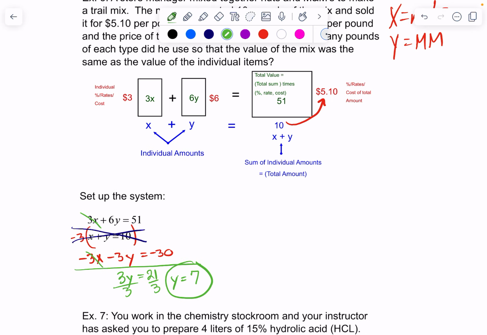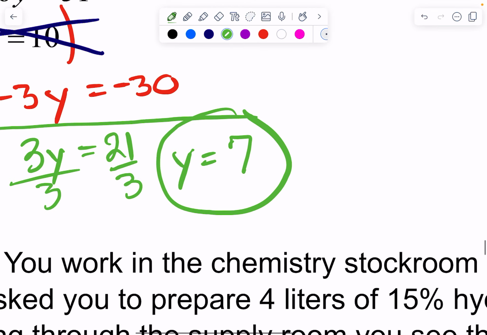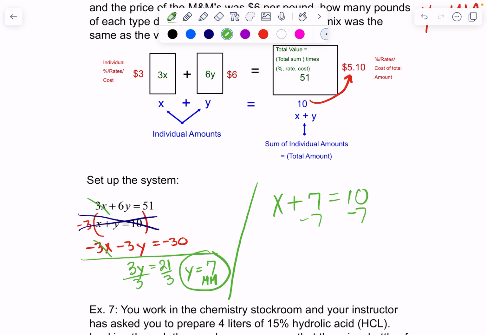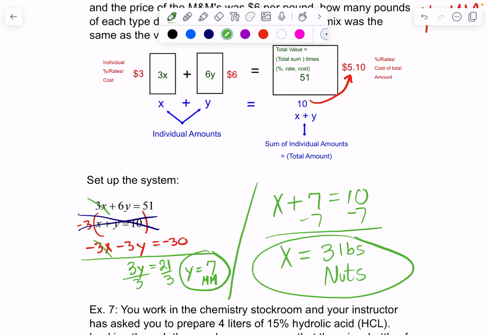And that is 7 pounds of M&Ms. And then to find my X nuts, we've got X plus 7 equals 10. So X equals 3 pounds of nuts. And there you have it.